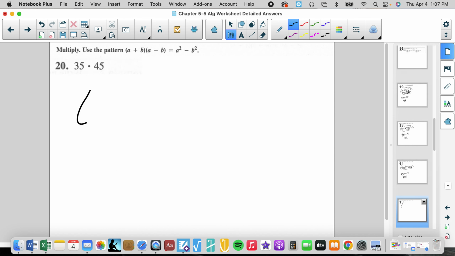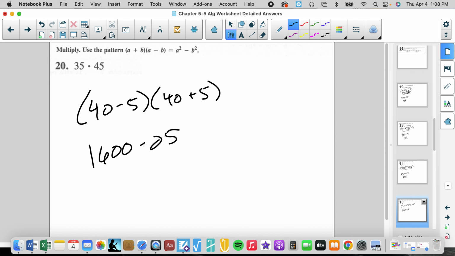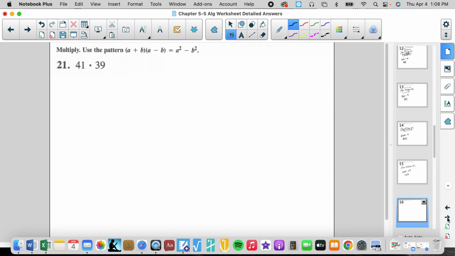That's going to be 40 minus 5, 40 plus 5. That's going to be 1,600 minus 25, which is 1,575. I think it's pretty impressive.